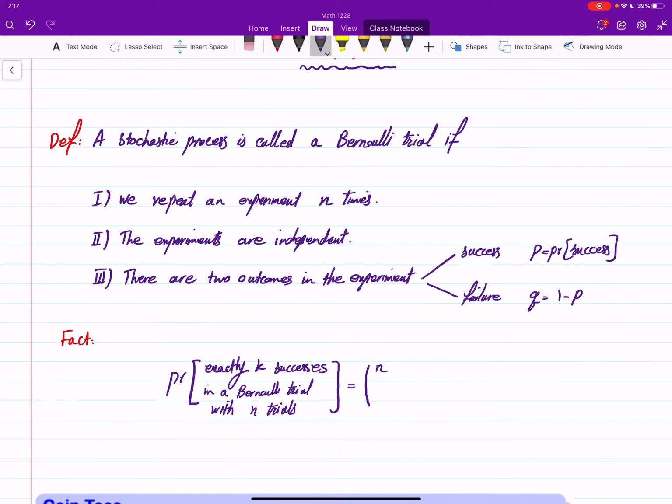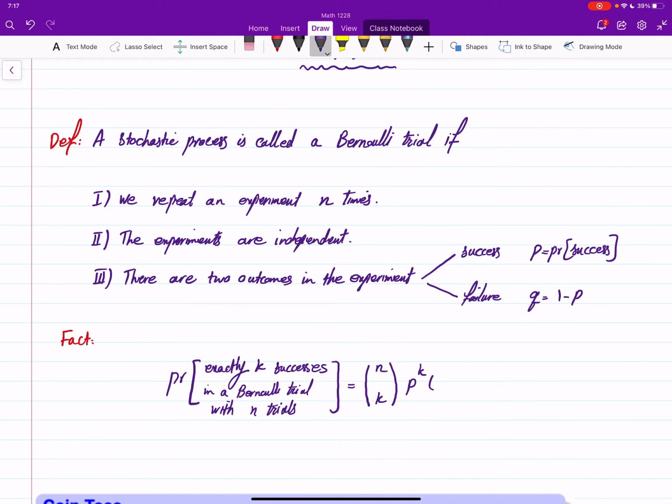So first I choose which of these n trials will be success, and then I multiply that by the probability of the success k times to itself.